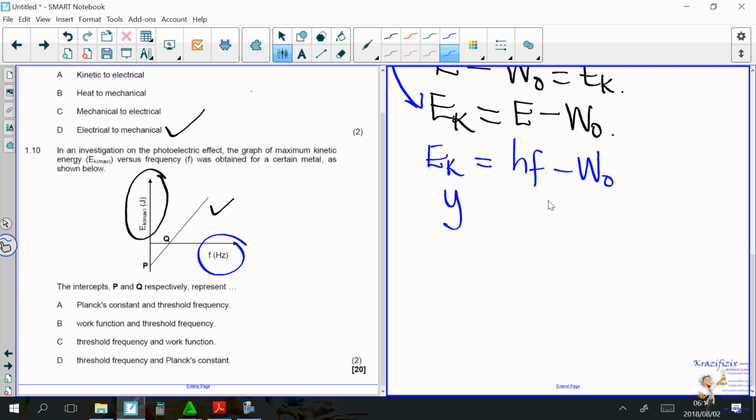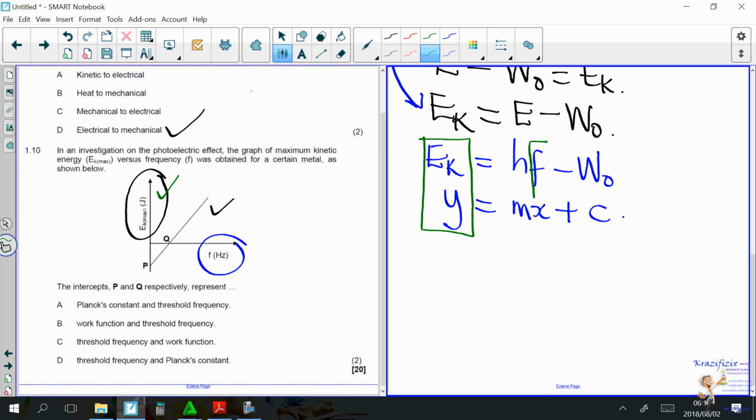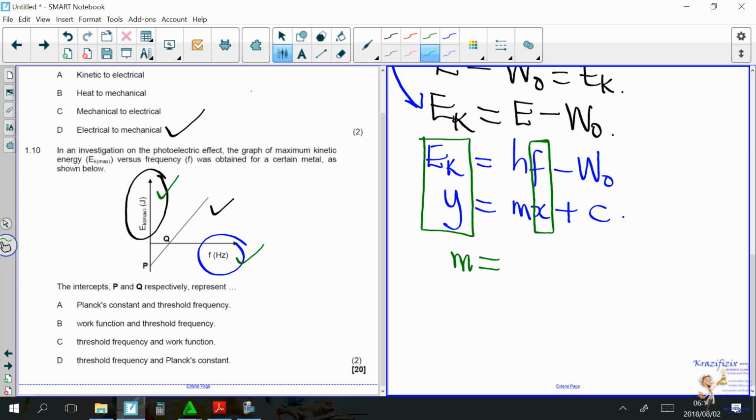Let's compare. y equals mx plus c. On my y, I've got kinetic energy. That's sorted. On my x, do you see it's right exactly where I want it to be? Frequency, sorted. So what does it mean? My m, which is the gradient, is my Planck's what? Constant. Gradient is Planck's constant. And then my y-intercept, which is c, becomes my work function.